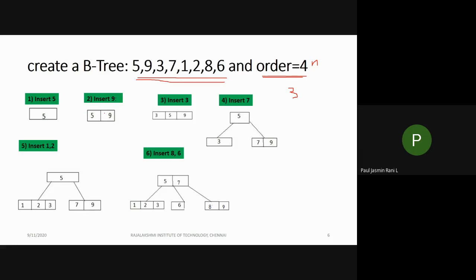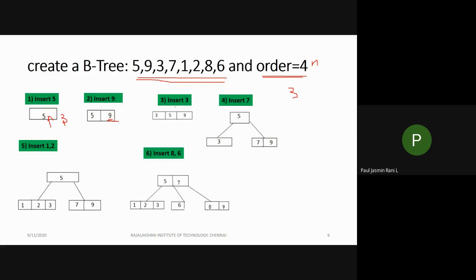Let us consider how many elements can be inserted in this particular node: till it reaches 3, 3 keys are allowed in a particular node. At present, I have only one key, so I can insert the 9 there. I can insert it at the right side of your 5, because 9 is greater than 5. Therefore, I am going to insert it at the right side of 5.